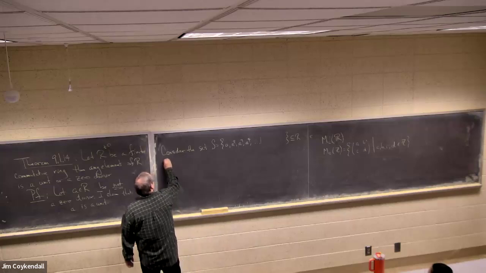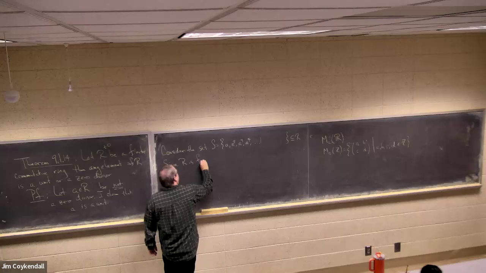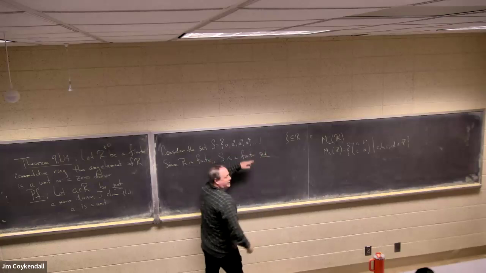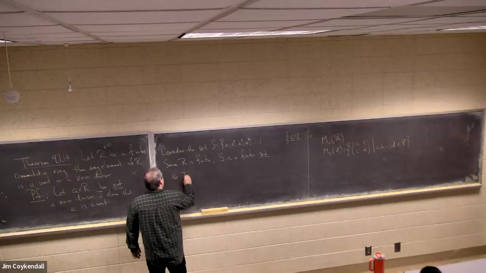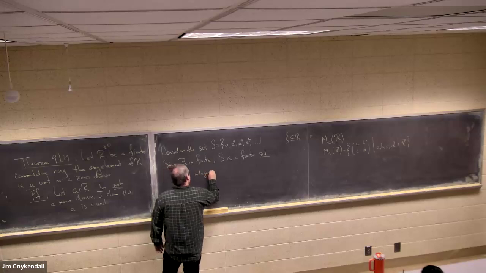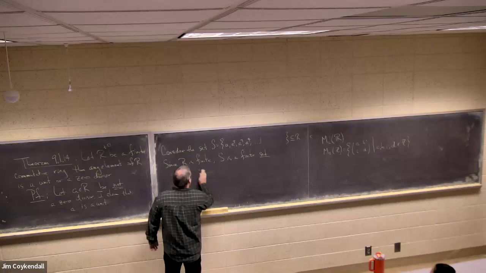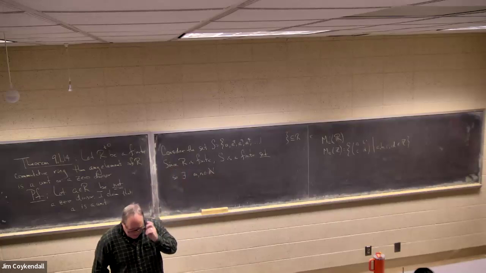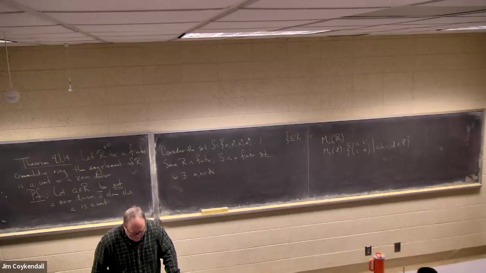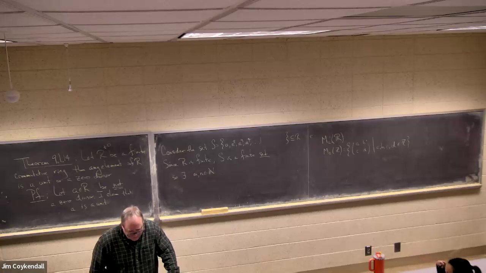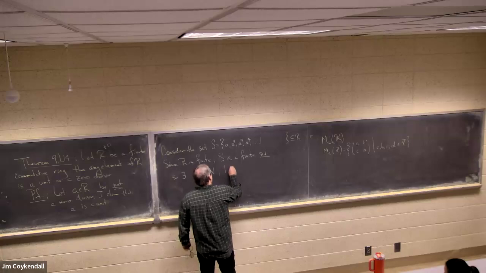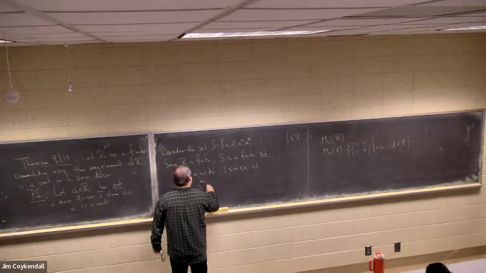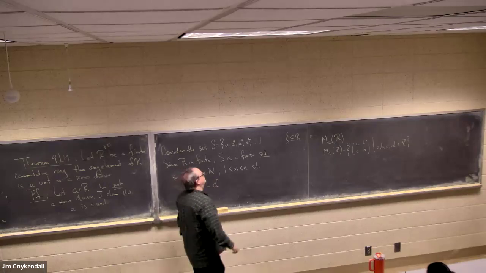So there exist natural numbers m and n, with n bigger than 1, such that a to the m equals a to the n.